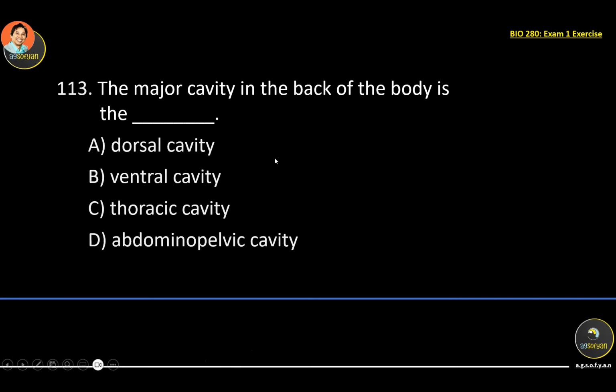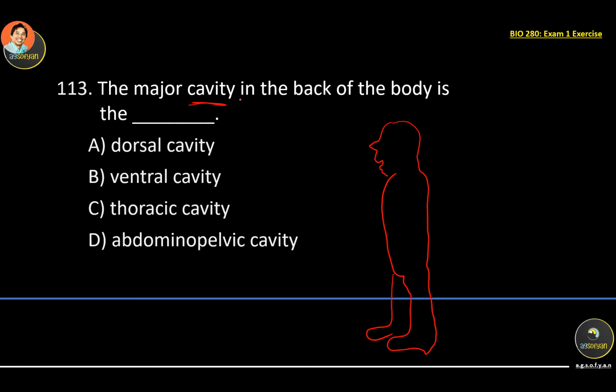The major cavity in the back of the body is A, B, C, or D. If we have our body, let's say this is our head, we actually have a space or cavity on the back, from the top going down like this.